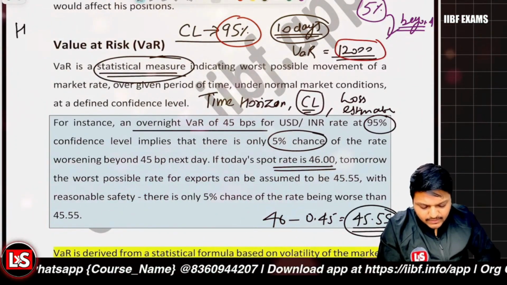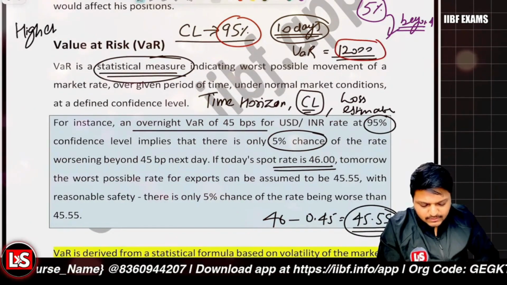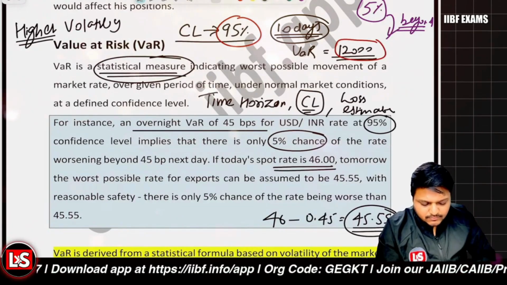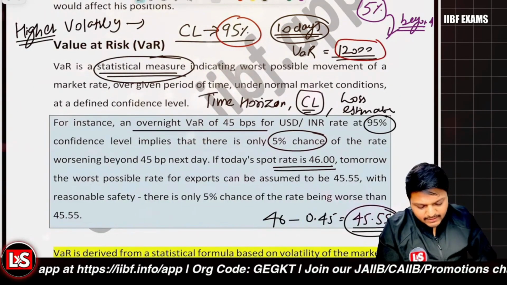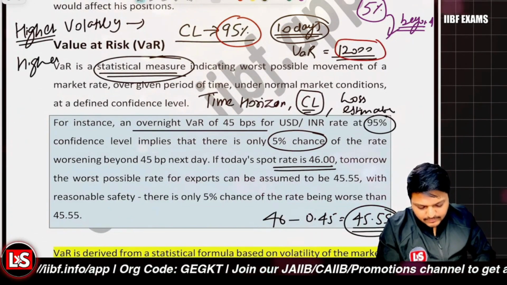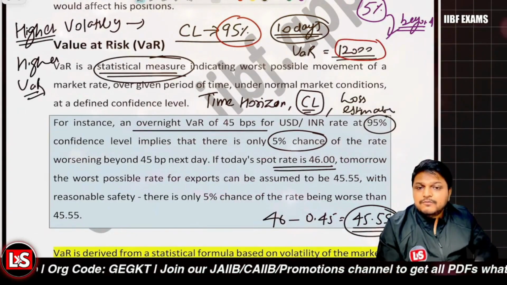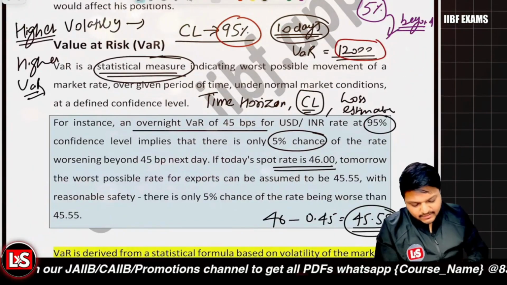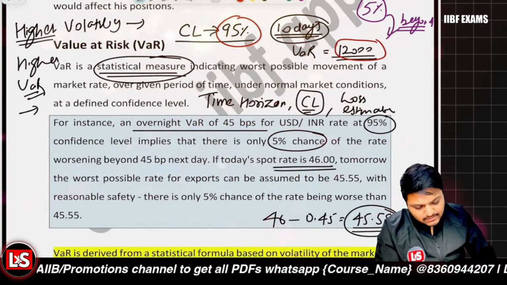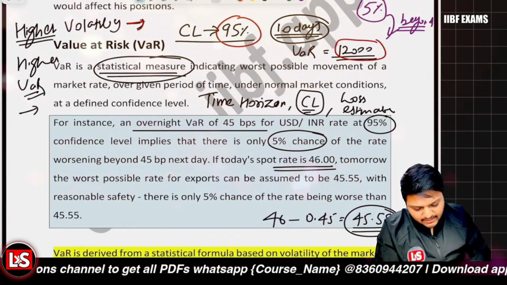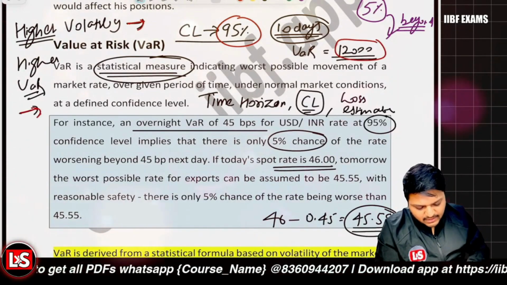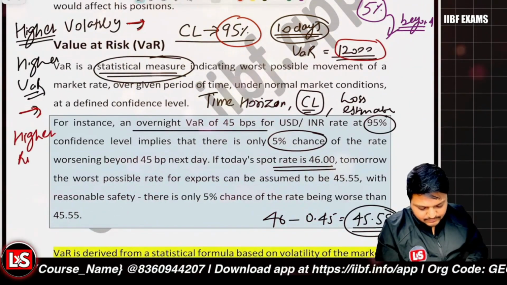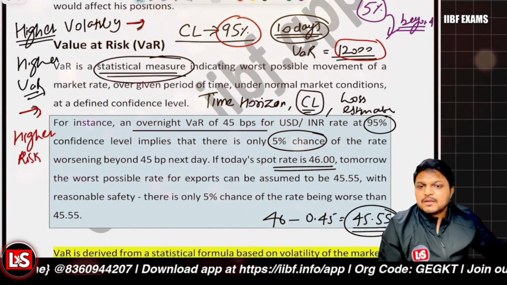Higher the volatility, higher the VAR. And higher the VAR or higher the volatility means higher the risk. So it interprets in this sense. Clear with it?